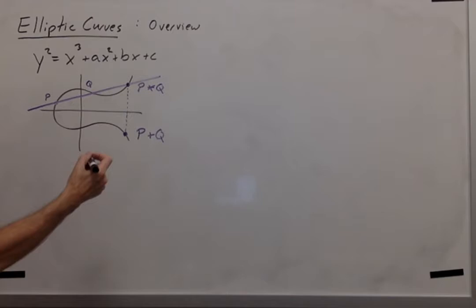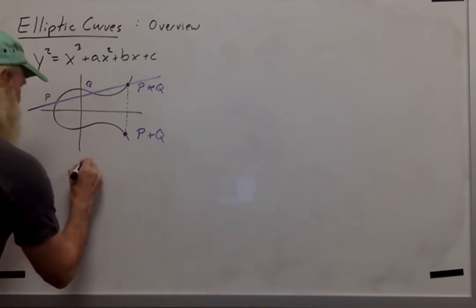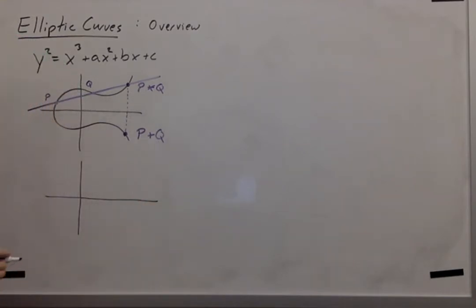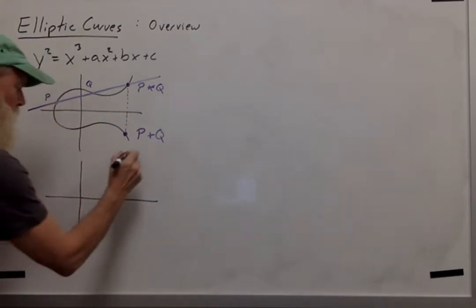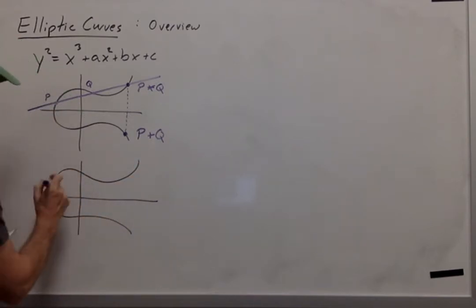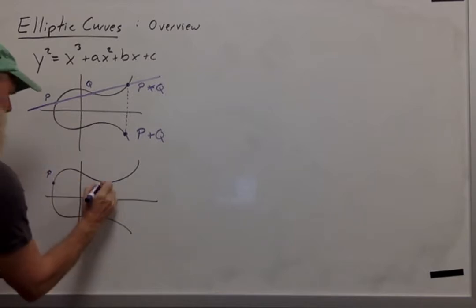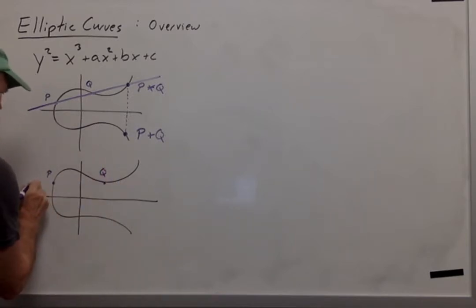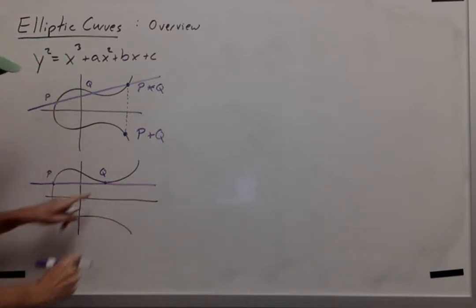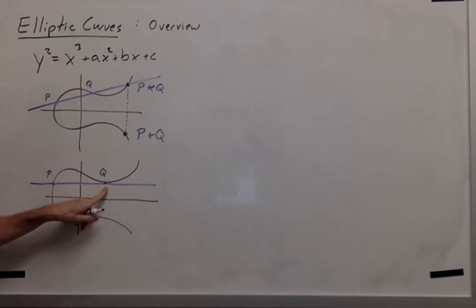Now, odd things can happen. For example, something that might happen is that if this is P and this is Q, then when we draw the line through P and Q, it might be tangent to the curve at Q. So when we have a point of tangency, we're going to consider that to be an intersection of multiplicity 2.